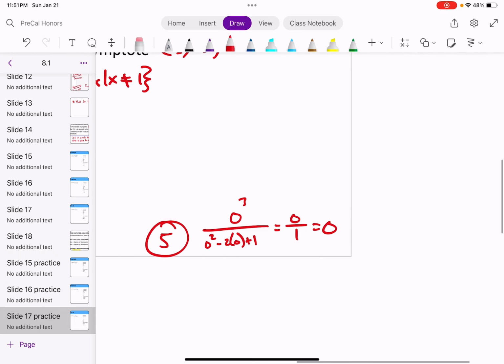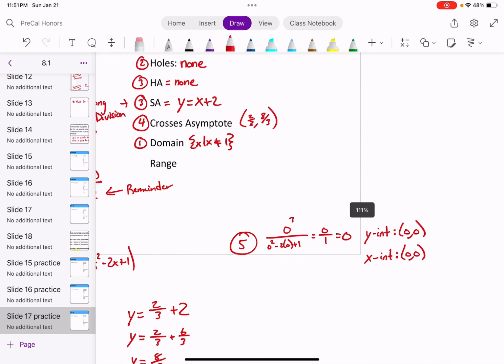So this is going to give us our y-intercept at 0, 0, which means our x-intercept is also 0, 0.